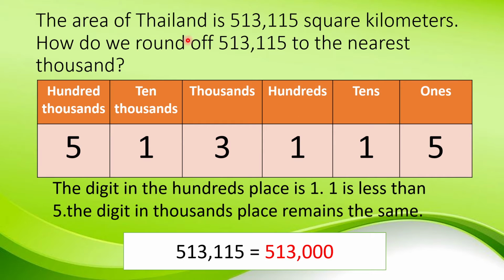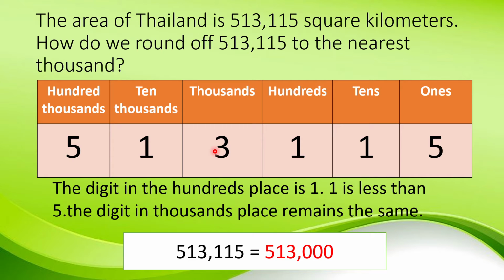So now, the area of Thailand is 513,115 square kilometers. So how do we round off the 513,115 to the nearest thousand? The number here in the thousands place is 3.